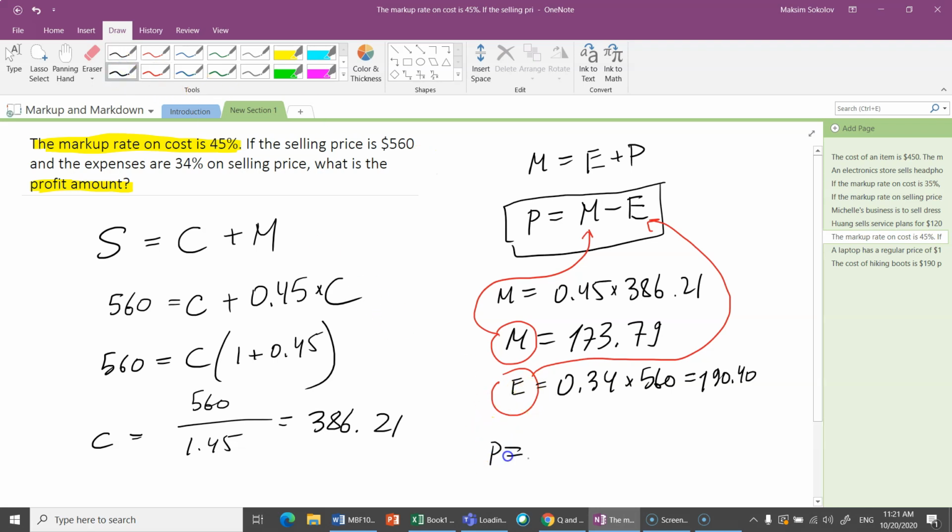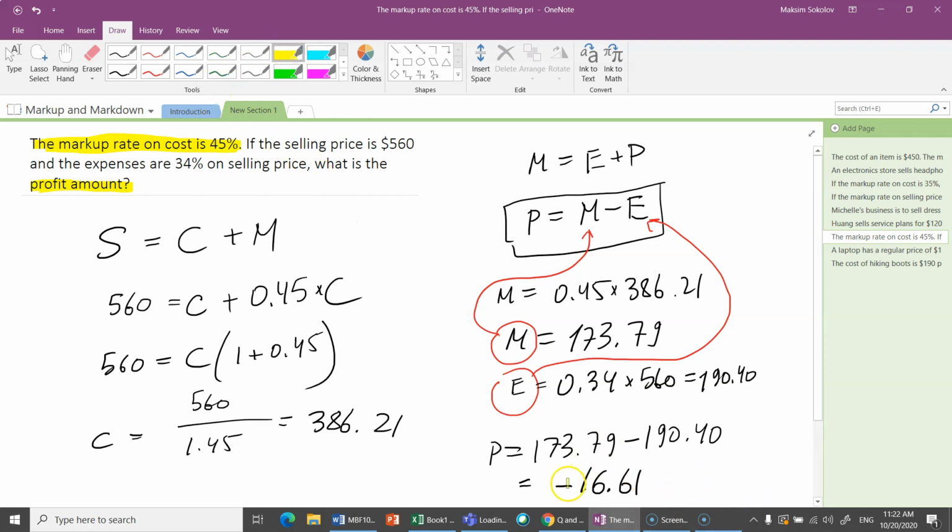So I can find profit now, which is markup minus expense. 173.79 minus 190.40 is minus 16.61.